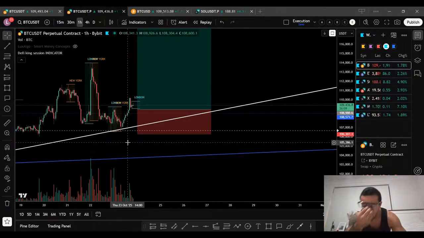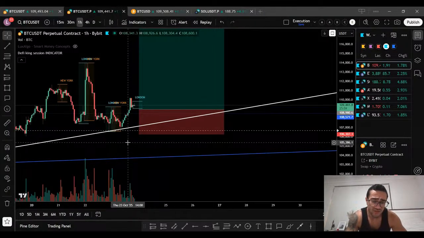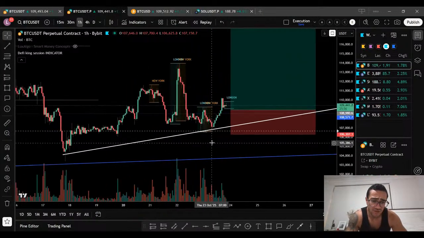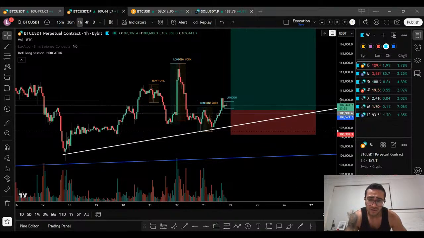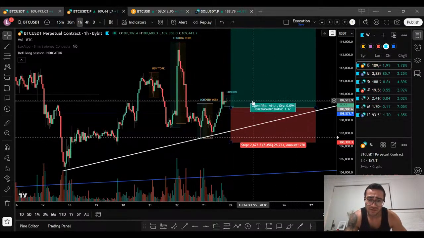Now, we could get another. Yeah, that's the accumulation. That's a hard one. I'm not going to force it because it's not showing my confirmation.